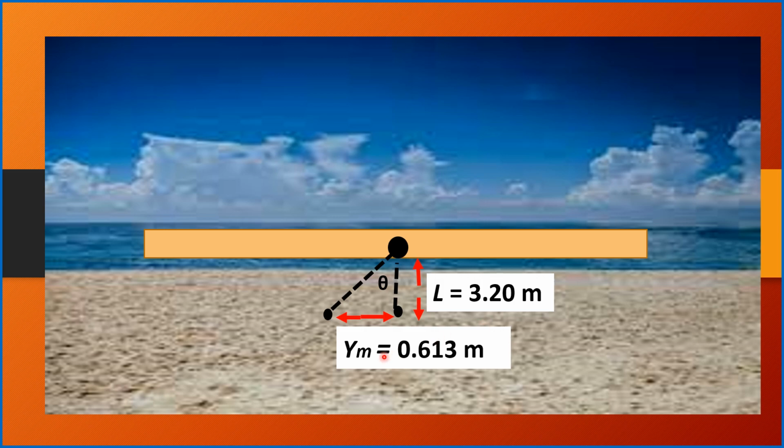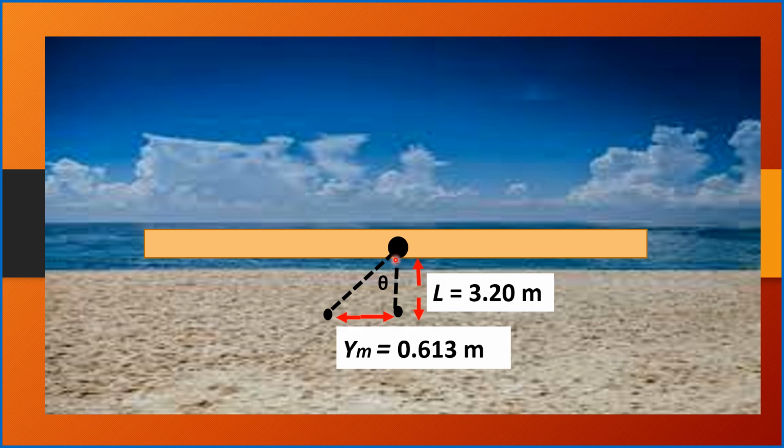So the problem is for us to determine the size of the hole in the barrier. And also, question letter B, we're asked to find other possible angles. When we say angle theta, it actually refers to the angle formed.